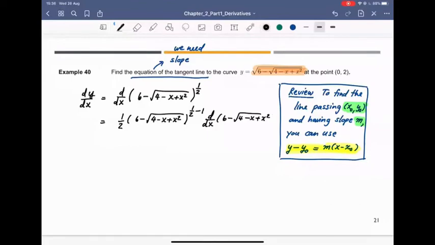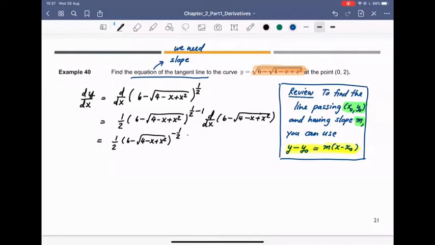This is how you use the chain rule. So I have 1/2 times 6 minus square root 4 minus x plus x squared, raised to negative 1/2 here.